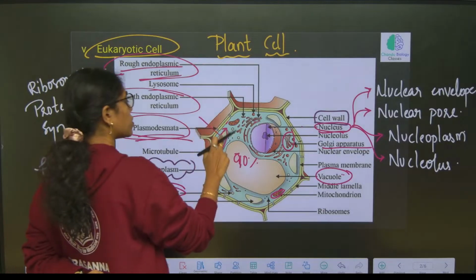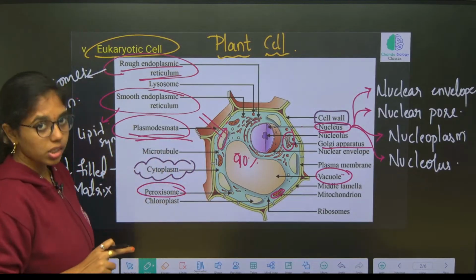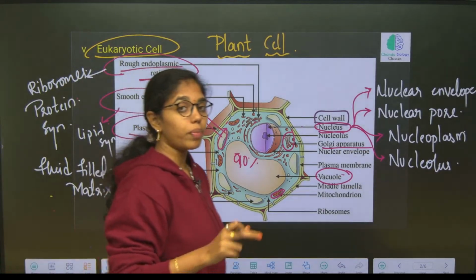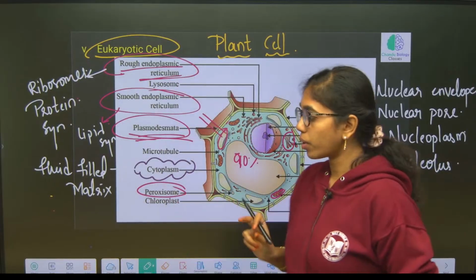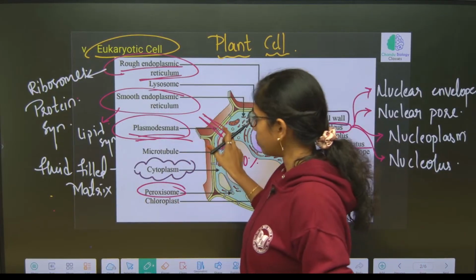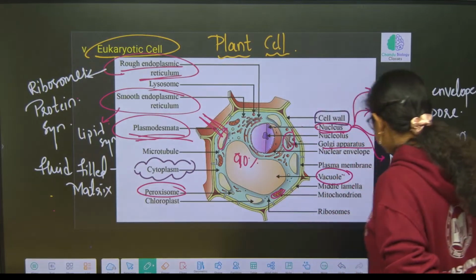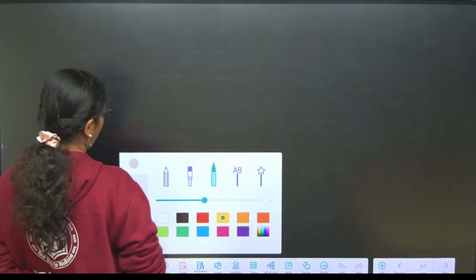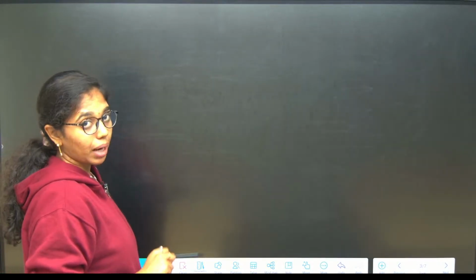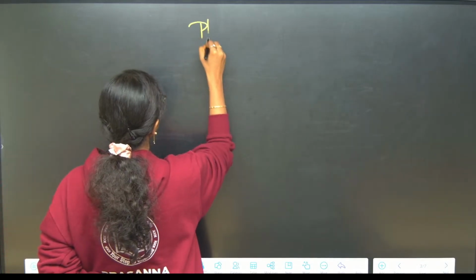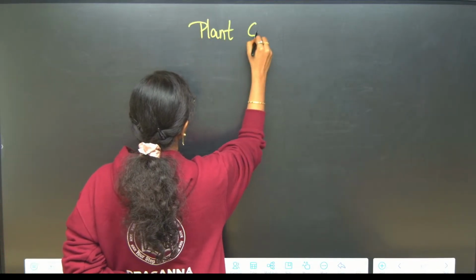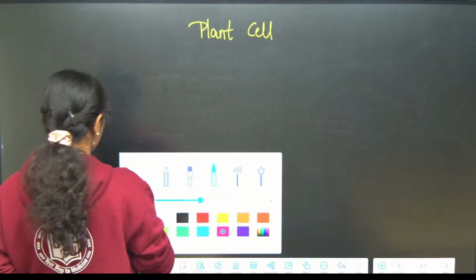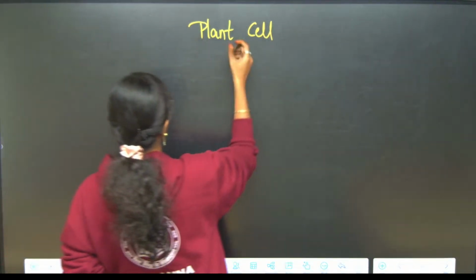These plasmodesmatal connections traverse across the cell wall and connect the cytoplasms of two different cells. So now let us make a list of non-membrane bound, single membrane bound and double membrane bound organelles in a plant cell.